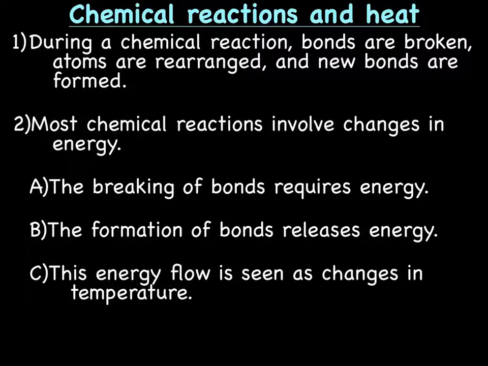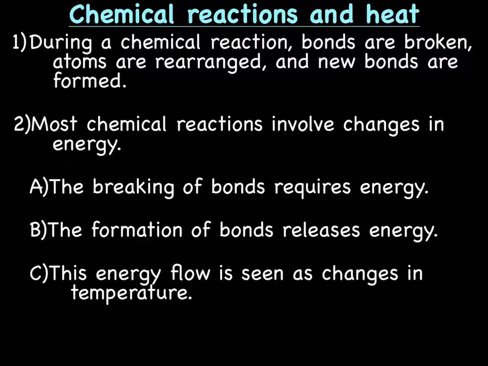All right, chemical reactions and heat. How are those related? During a chemical reaction, bonds are broken, atoms are rearranged, and new bonds are formed. That's the definition of a chemical reaction, right? You start with one or more substances, you make one or more new substances, and that happens by rearranging the atoms.